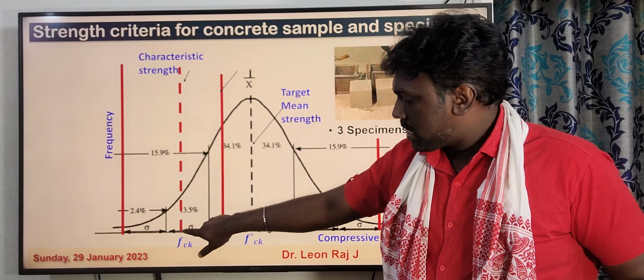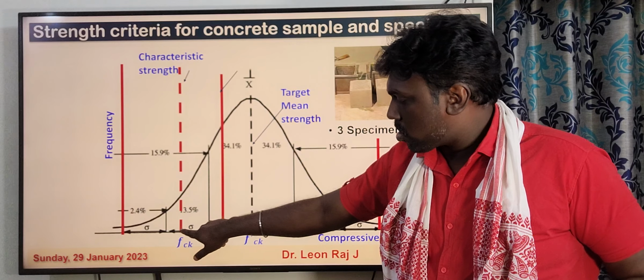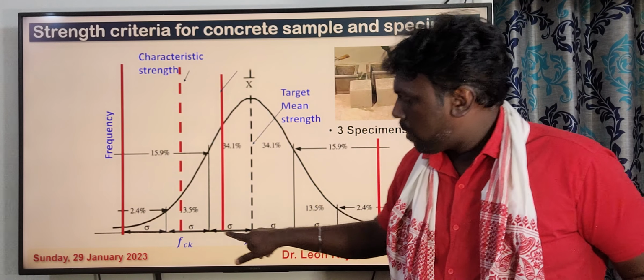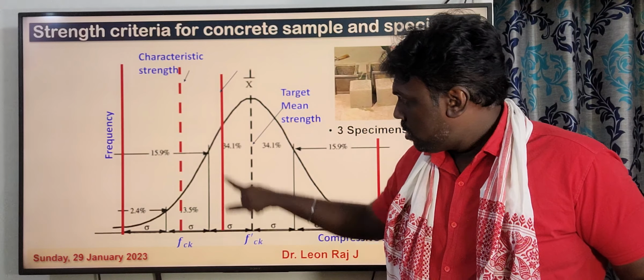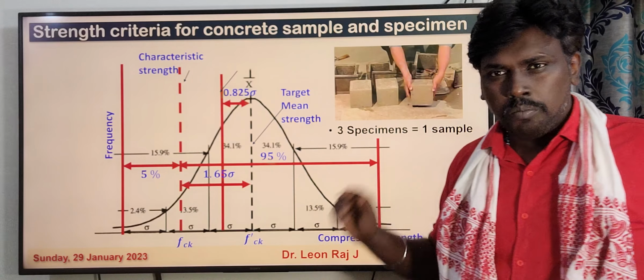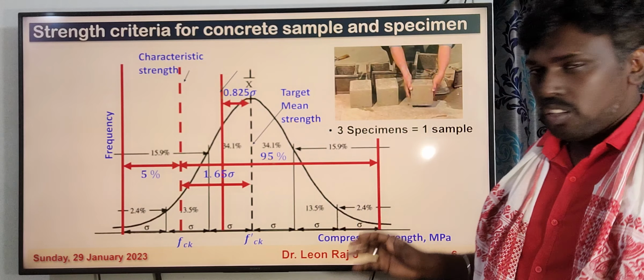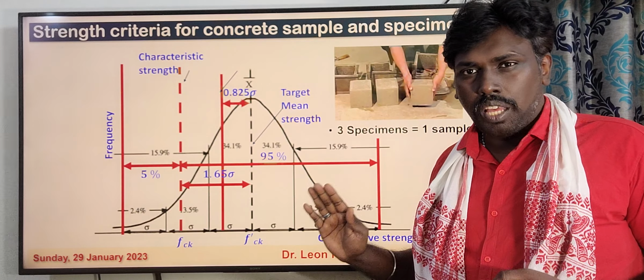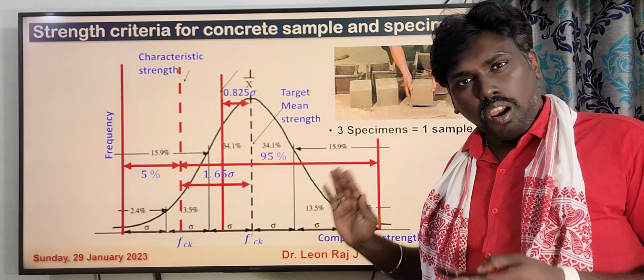Therefore the characteristic strength line comes somewhere here. Our confidence level is 95 percent, that is, 5 percent of samples can be less than the characteristic strength. If you are testing 100 samples, only 5 samples can be allowed to be less than the characteristic compressive strength.